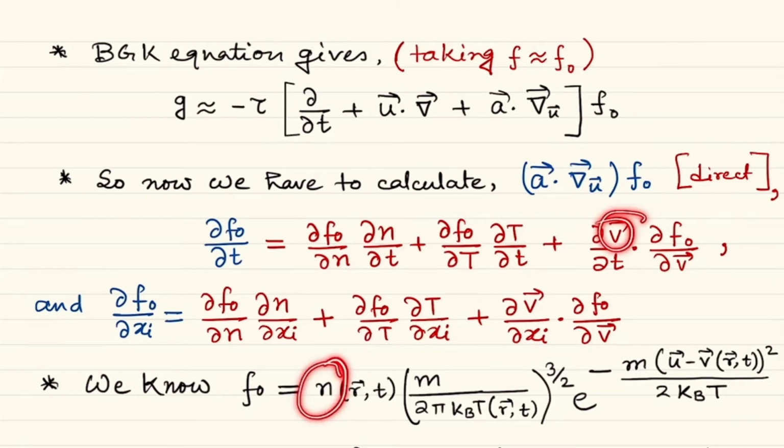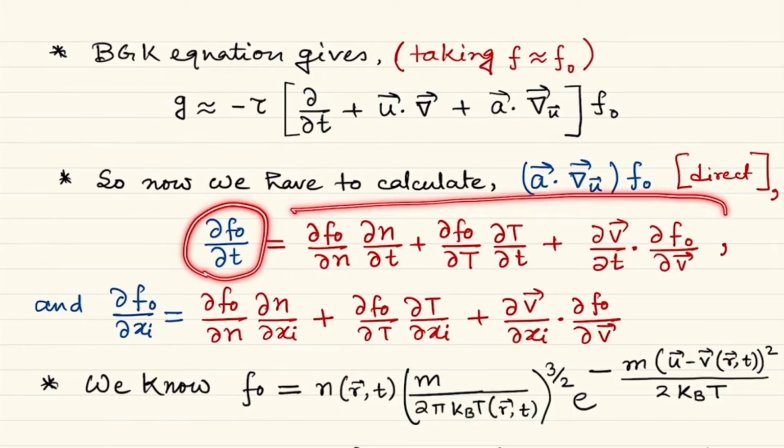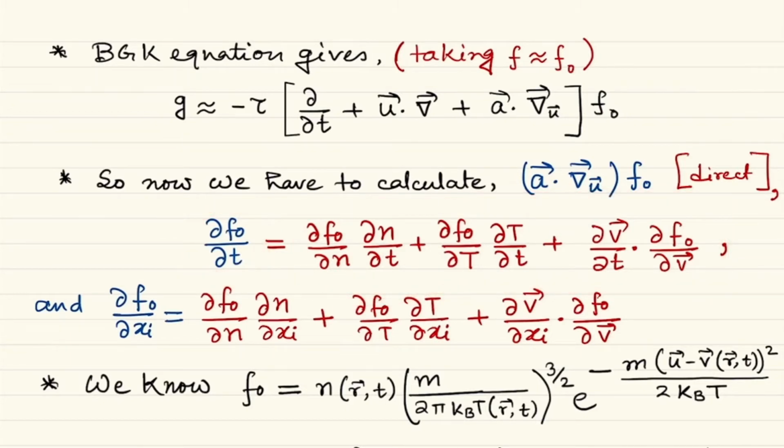Just look here, n, T and v. So when we calculate del f0 del t, the total expression will be simply this: del f0 del n del n del t plus del f0 del T del T del t plus del v del t dot del f0 del v vector.